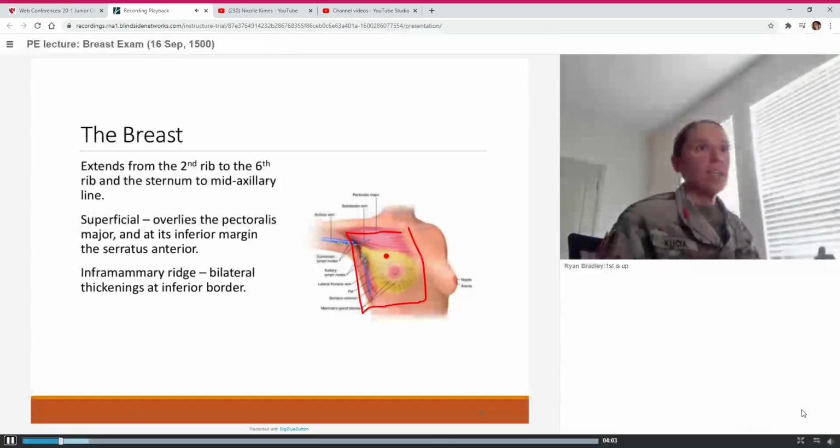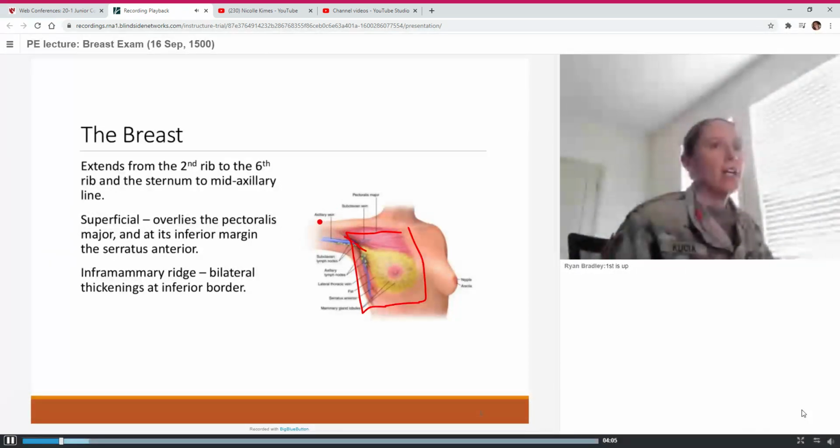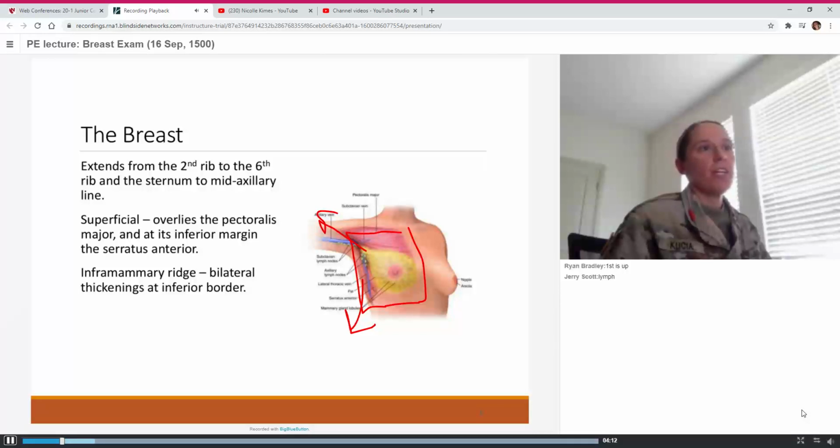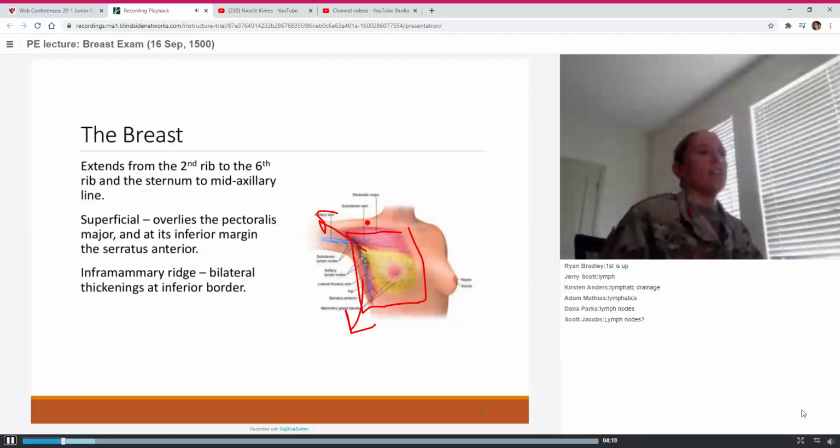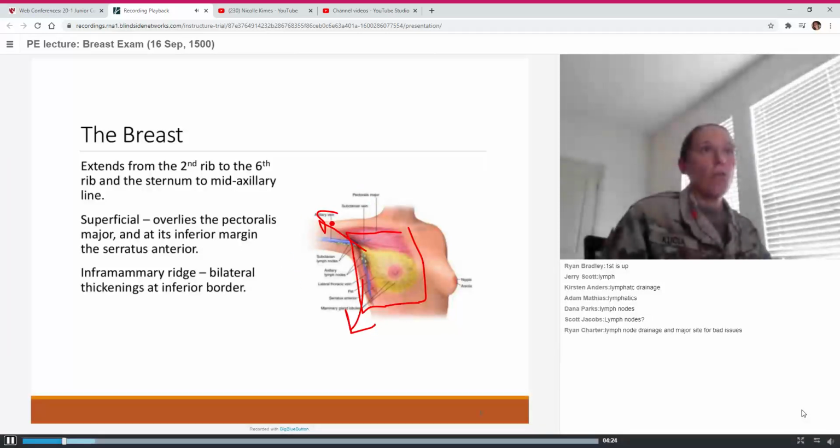Does anybody have any idea why we extend our breast exam in these other directions? Yeah, exactly. Jerry Scott's got it. Kirsten has it. Lymph nodes, absolutely correct, because the breast actually drains into four lymph node chains in the axilla, as well as clavicular lymph node chains and the neck.